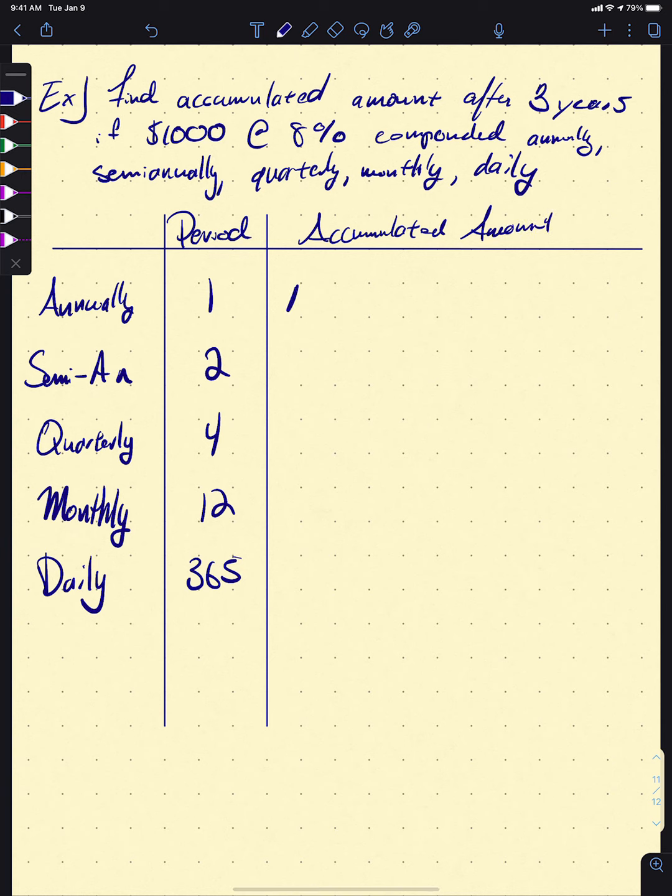right? And annually, we have A is my principal, which is $1,000, times 1 plus 0.08 to the 3, right? We're just cubing it because our m is 1. And if you put this into a calculator, you're going to get 1,259.71 or so, okay?